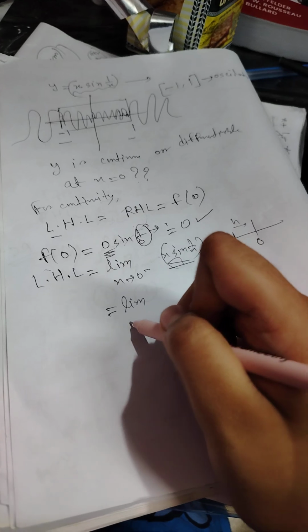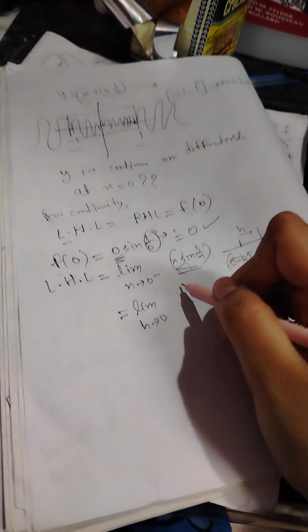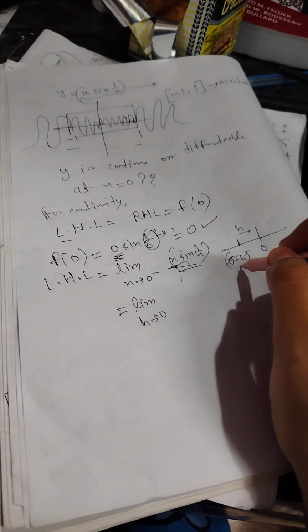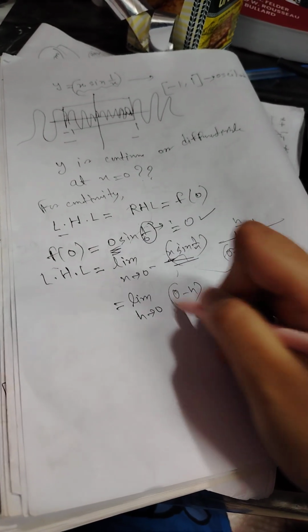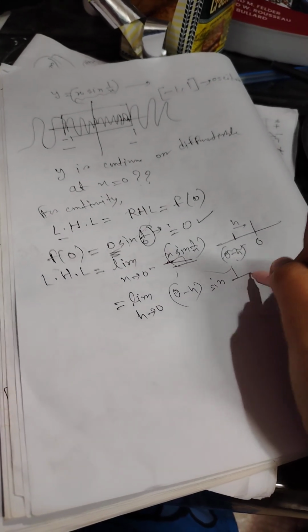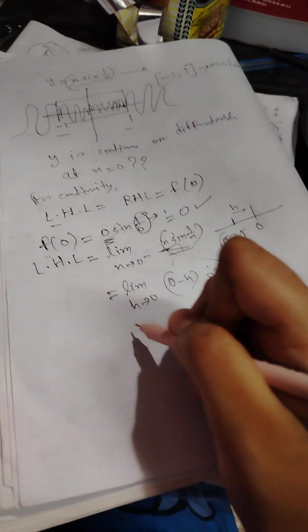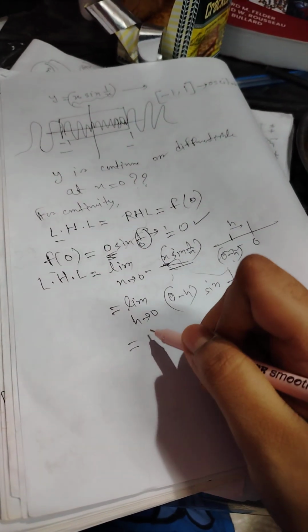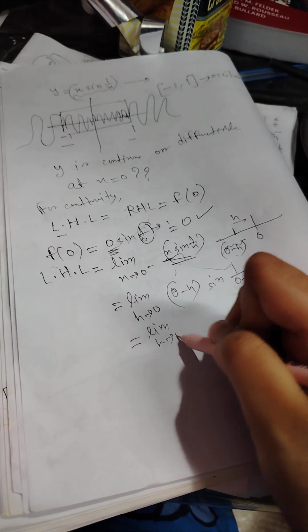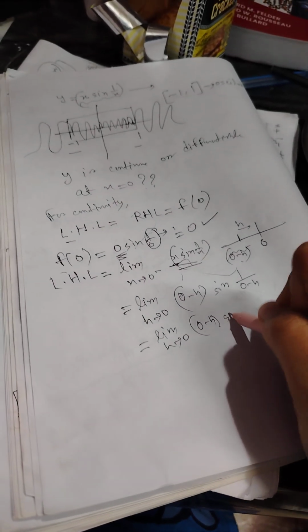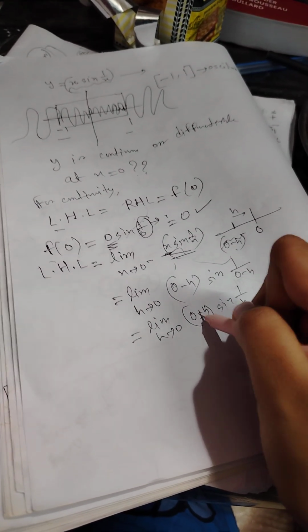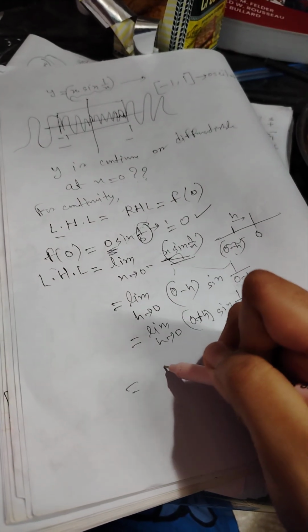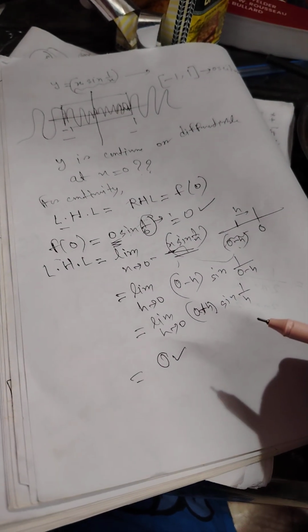So we have the limit as h tends to 0 of (0 minus h) sine 1 by (0 minus h). That is the limit of minus h sine 1 by h, which is minus 0, so we can just write 0.